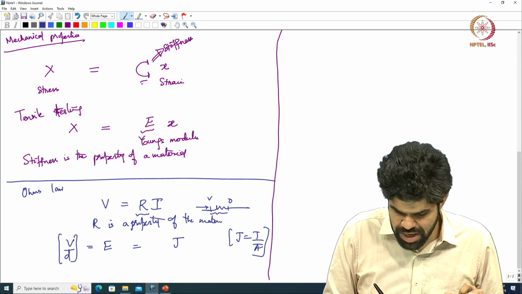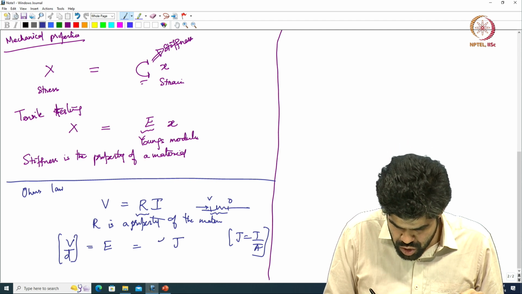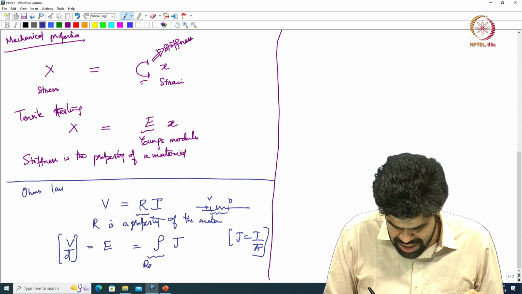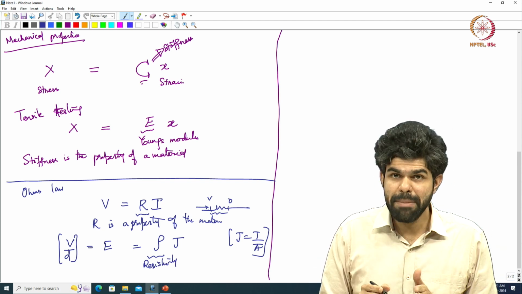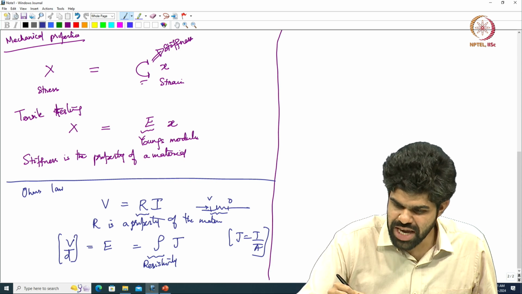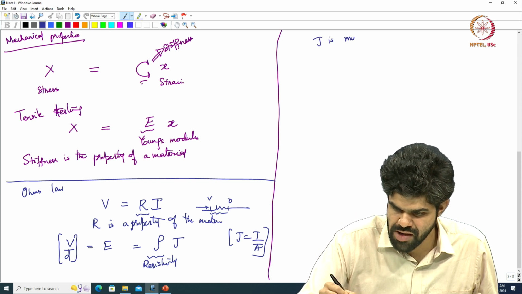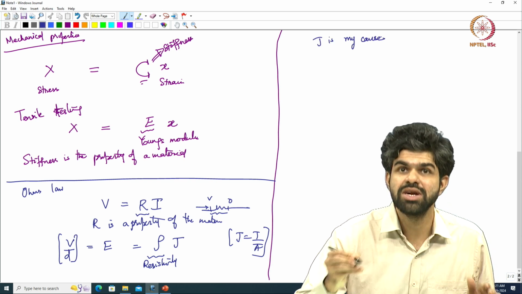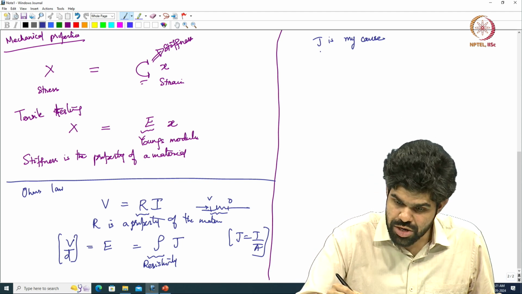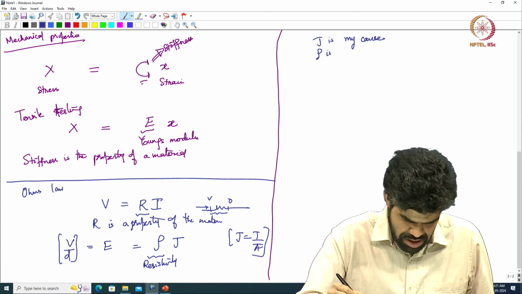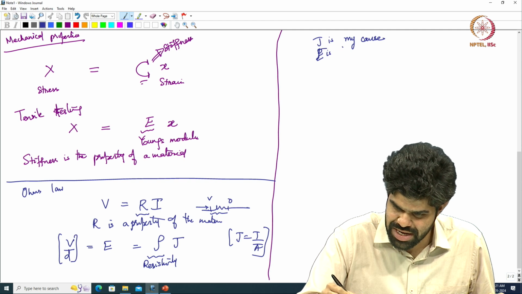So that will be equal to rho times J, where rho is nothing but the resistivity. Okay. So here actually pay attention to this fact, here J is my cause, or the current density that I am applying is the cause, and E is the effect.